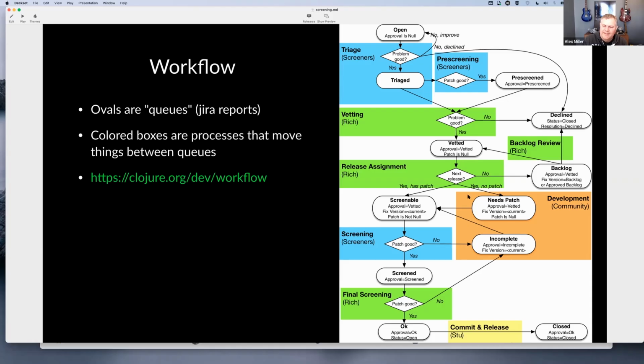There are fewer tickets in this process, and we move them around a lot once they get in here. But the goal is to move things from incomplete back into something screenable by fixing whatever needed to be fixed with the patch.